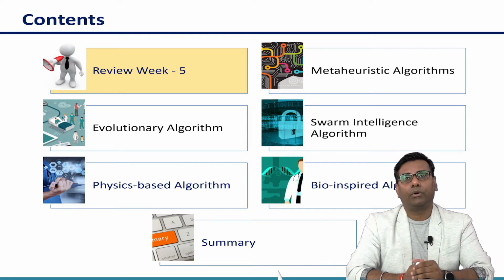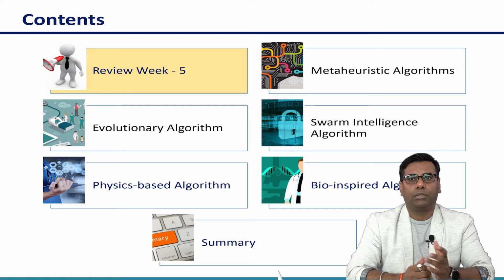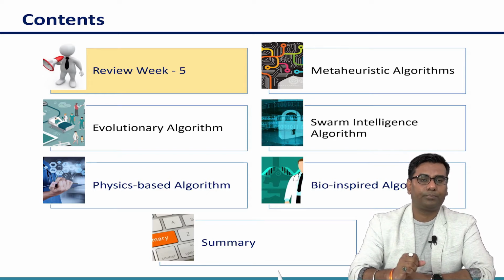Then we talk about metaheuristic algorithms, evolutionary algorithm types of metaheuristics in the healthcare system, swarm intelligence algorithms for healthcare, physics-based metaheuristic algorithms for healthcare, and last bio-inspired algorithms, and after that we conclude this class.